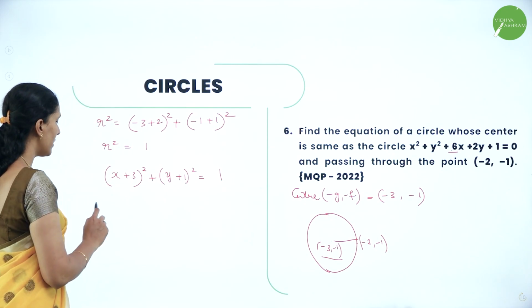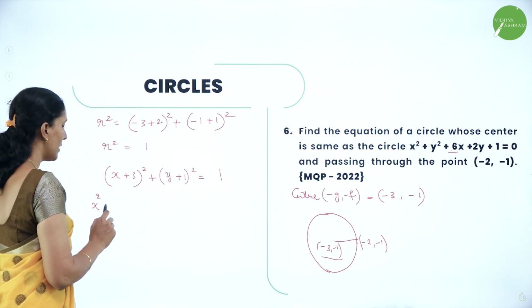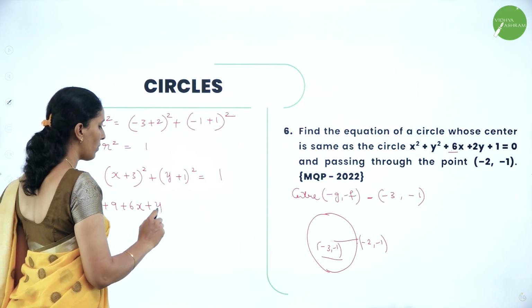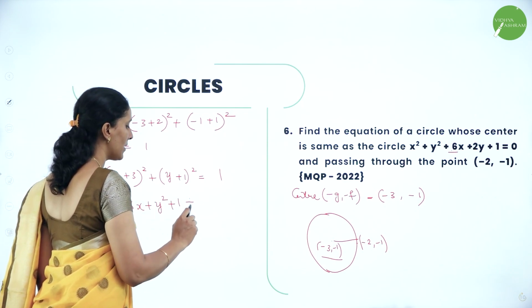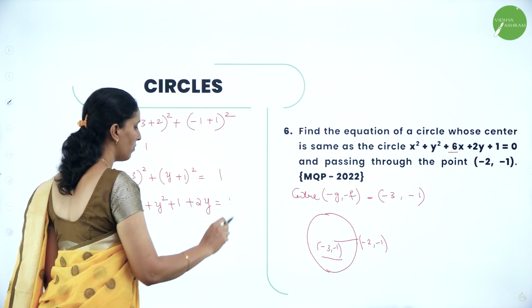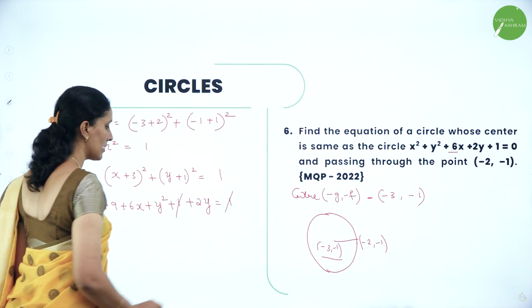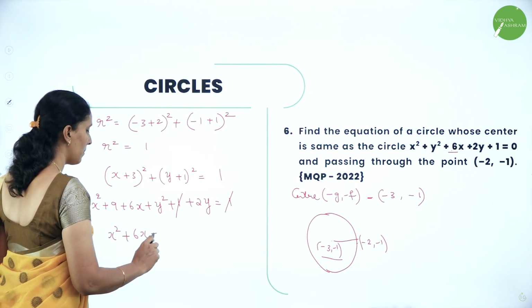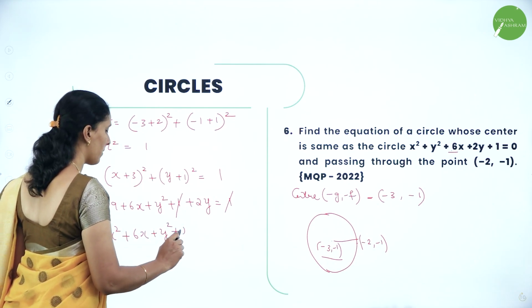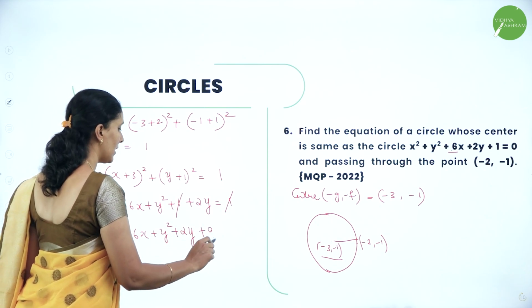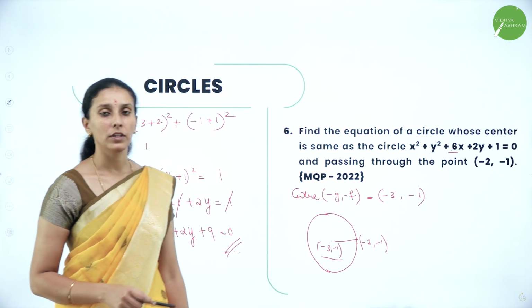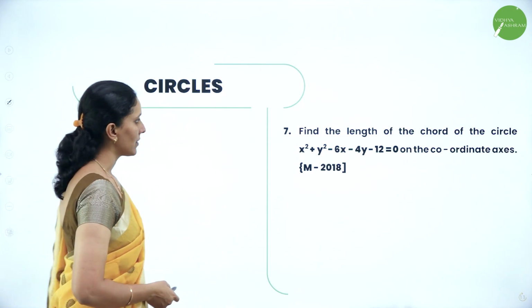So if you expand this, you will get the equation as x square plus 9 plus 6x plus y square plus 1 plus 2y is equal to 1. Either side you can cancel 1. We will get x square plus 6x plus y square plus 2y plus 9 is equal to 0, which is the required equation of the circle.